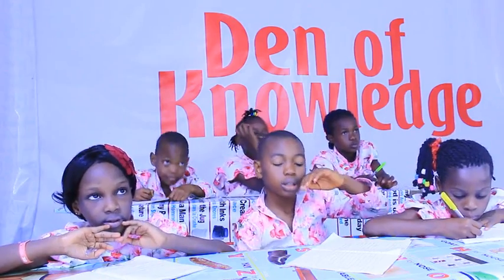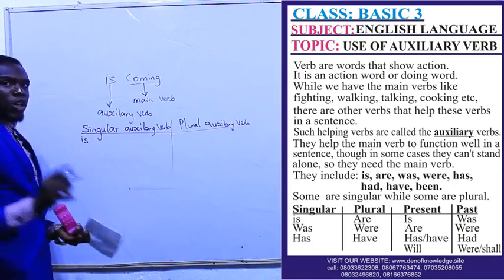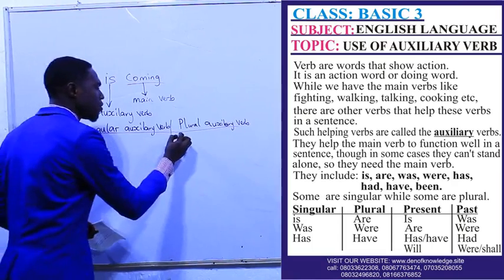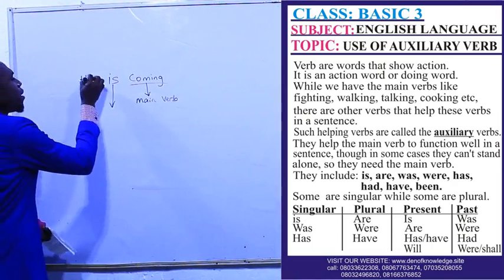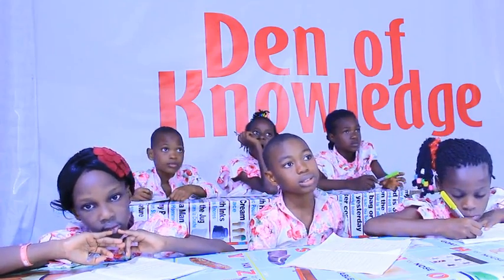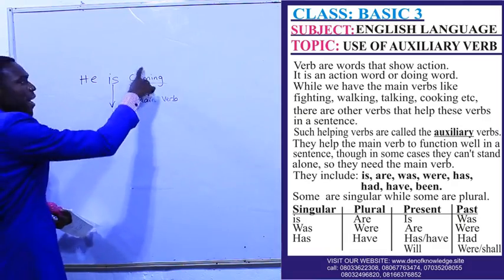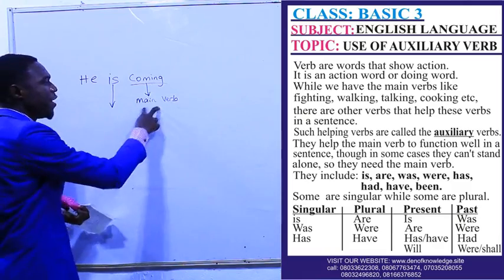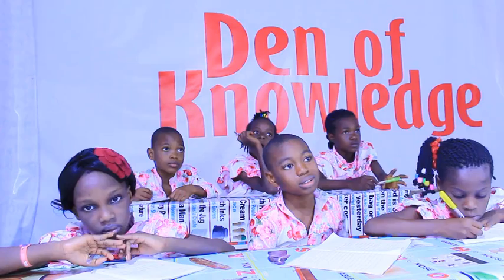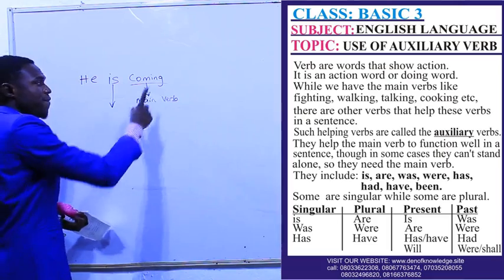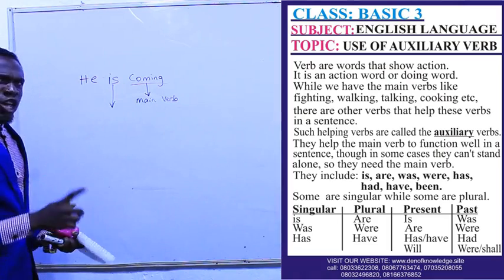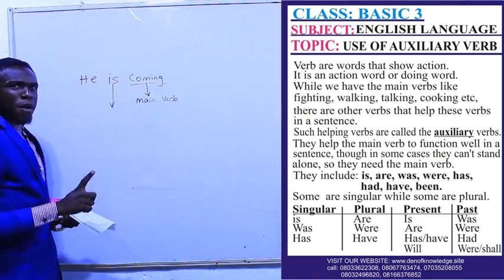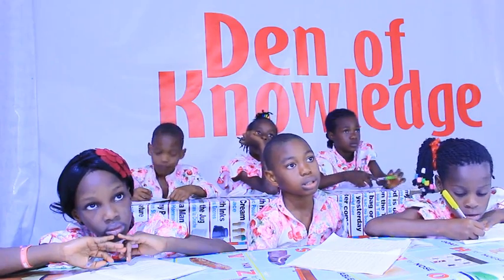Now we have is. We say he is coming. You will notice that the verb here is coming. Yes, we call it the main verb. He is coming. This is equally a verb, but you may not see it as an action.